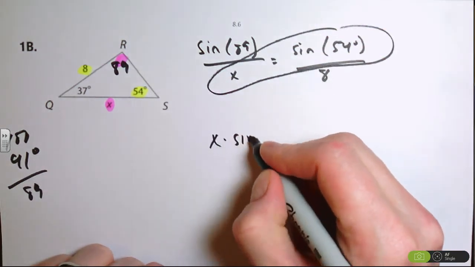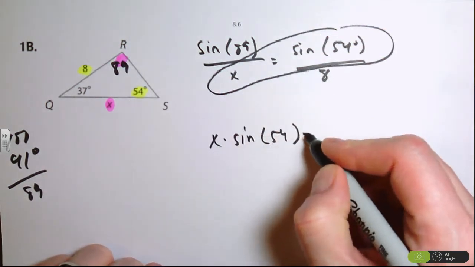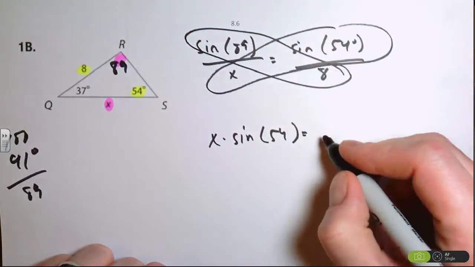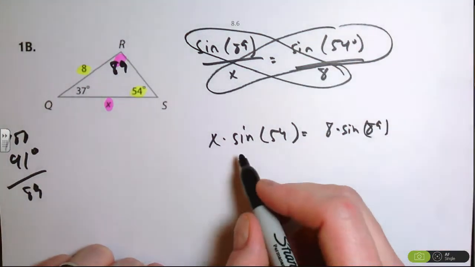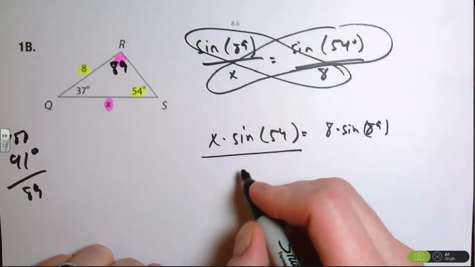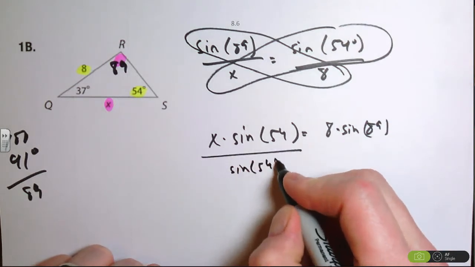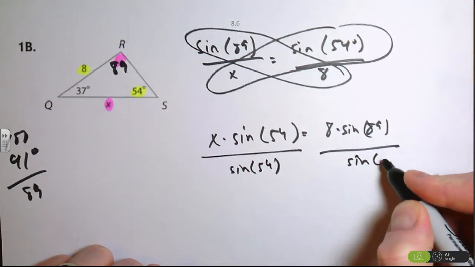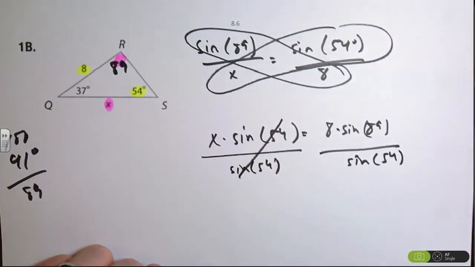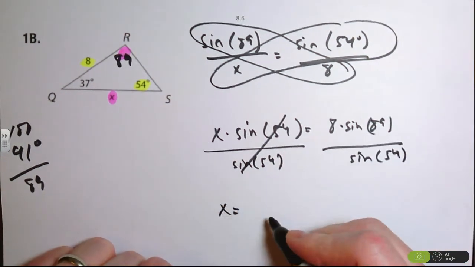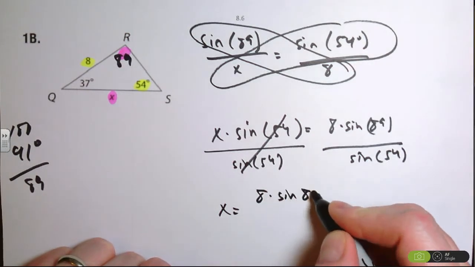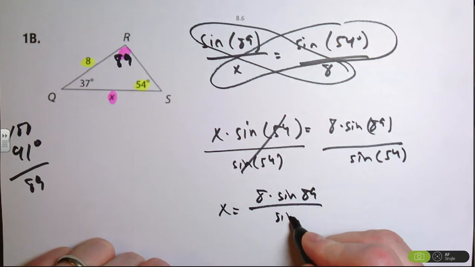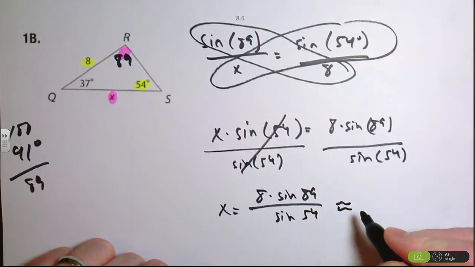X times the sine of 54 equals 8 times the sine of 89. Then I have to get x by itself, so I'm going to divide both sides by sine of 54. So x equals exactly 8 times the sine of 89 divided by the sine of 54, which is approximately, well, let's find out.